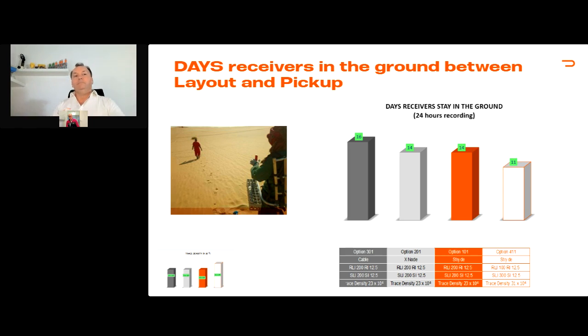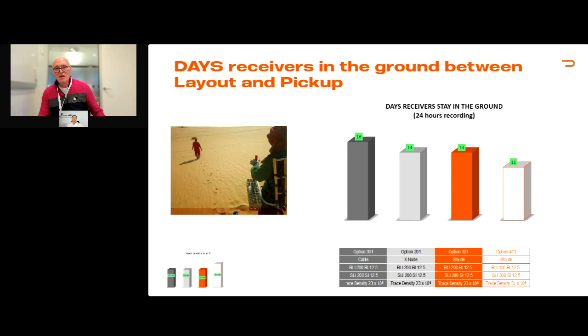Claudio? Well, this shows basically the time needed to lay out and pick up the equipment. Evidently, the time that receivers stay on the ground, that is still basically related to the life of the battery, and that could be obtained from the different equipments.